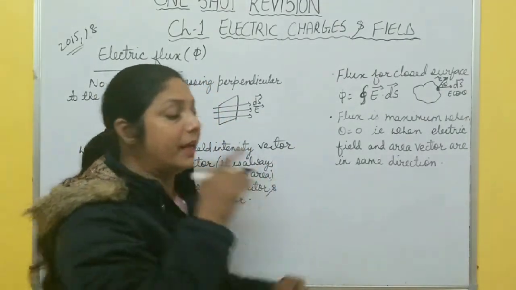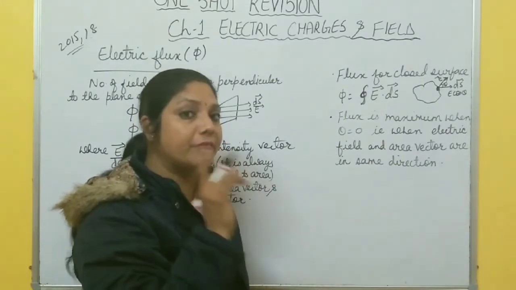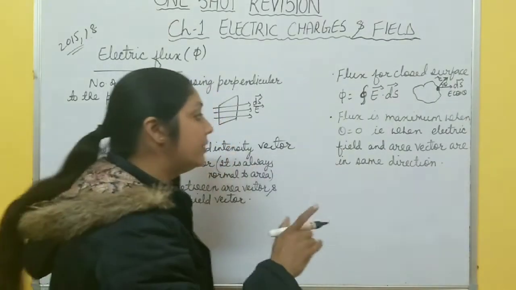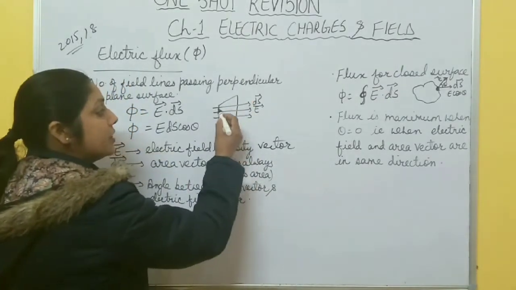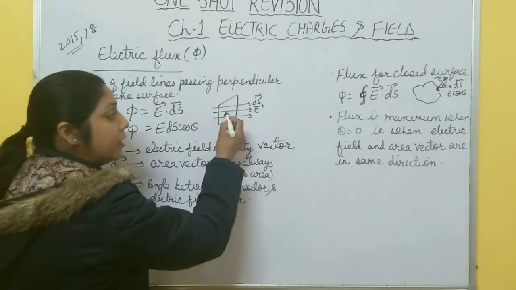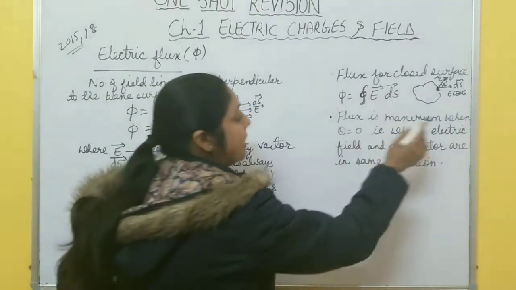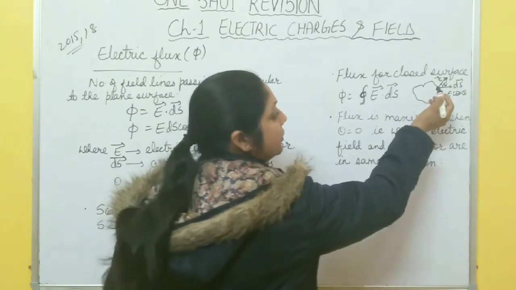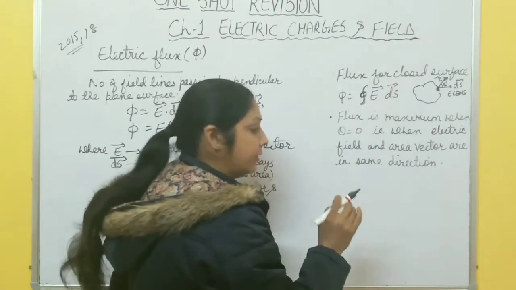It means the electric field and area are normal to each other. The area vector is always normal to the area. Suppose this is a plane surface, so the area is this one, and the normal to this area is the area vector. And flux is maximum when theta is 0. Theta 0 means both the area vector and field are in the same direction, right?